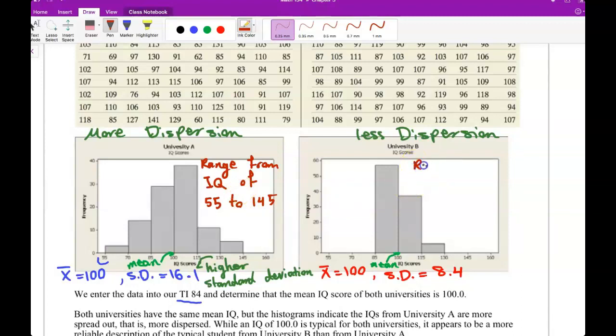This part ranges from IQ scores of 85 to 130.